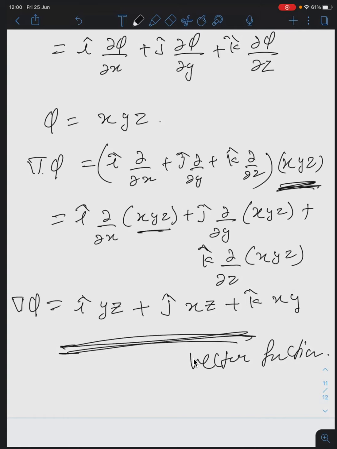Now again you have certain properties related to this gradient, so let us see them.